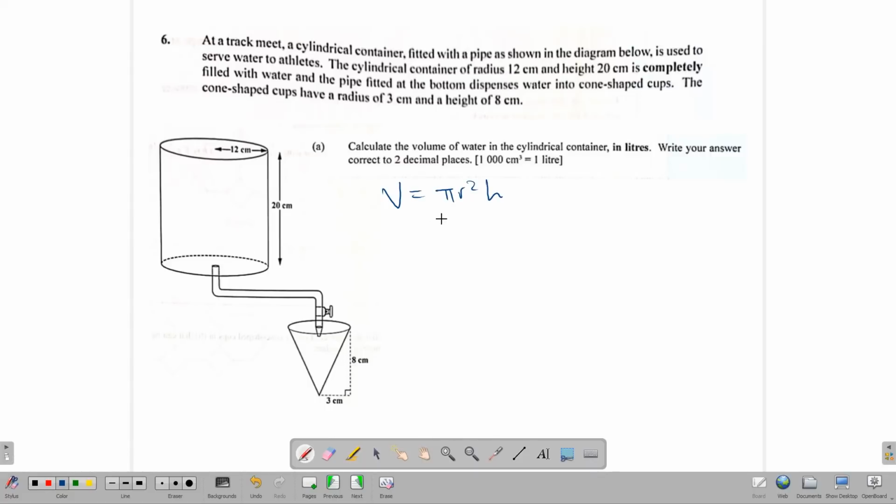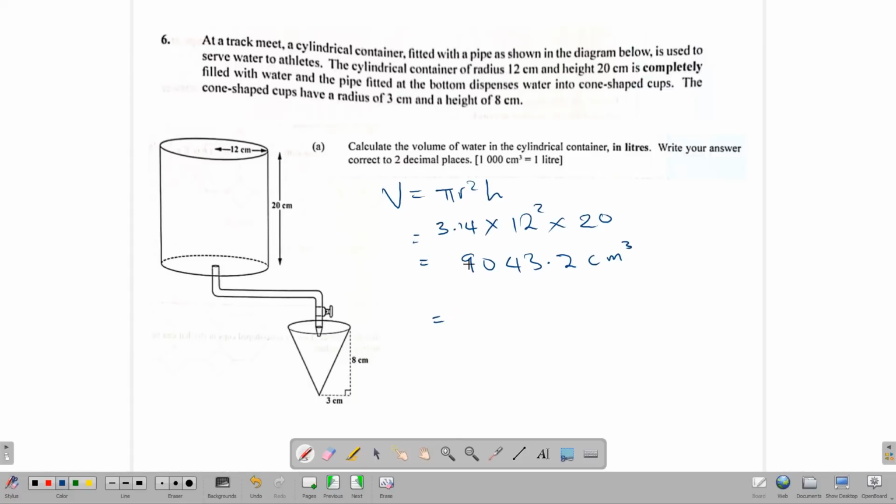And so we can easily put in our numbers then. 3.14 times the radius, that's 12 square, times the height, that's 20. And punching those into your calculator gives us 9,043.2 centimeter cube.